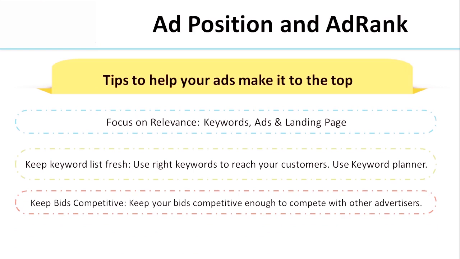Always remember that you need to bid competitively. What others are doing, what you are doing. So you need to work this out in a very calculated way. Keep your bids competitive enough to compete with other advertisers. This is the most important takeaway point for you.